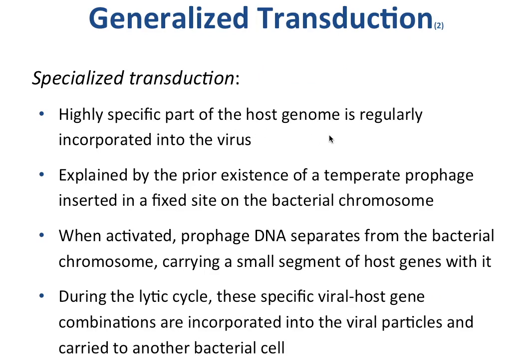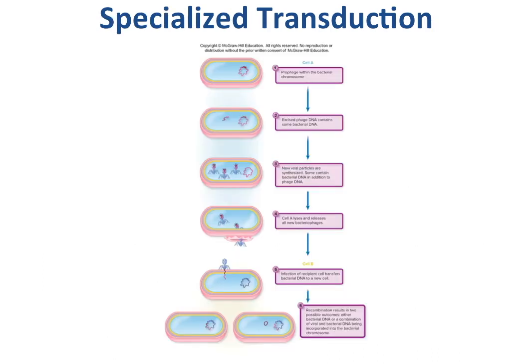Okay, it's incorporated into the virus. First, the prophage DNA is separated from the bacterial chromosome and carries a small segment of host genes. And during the lytic cycle, these specific host genes can be incorporated into the viral particle and carried to another bacteria. So it's like in this diagram, okay?